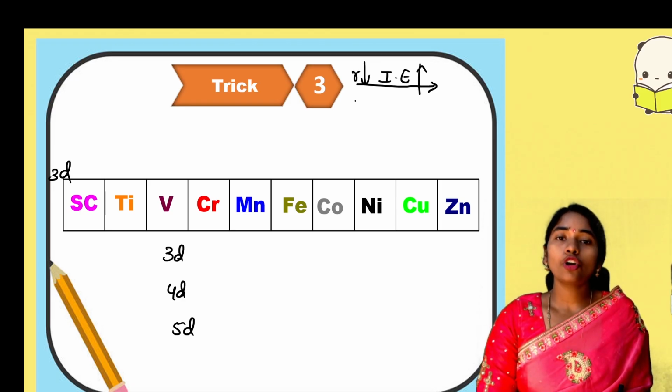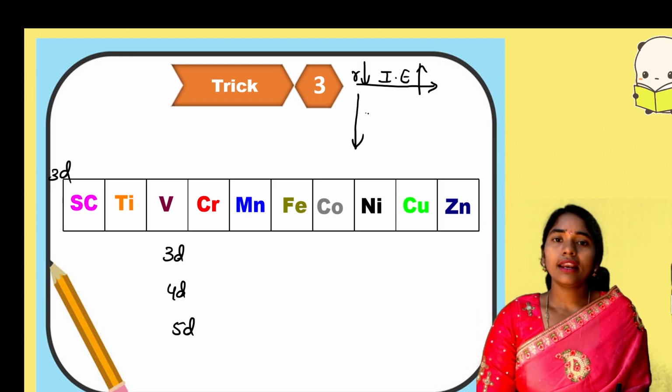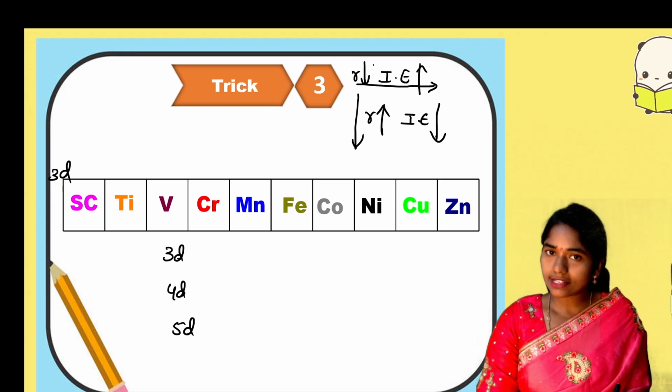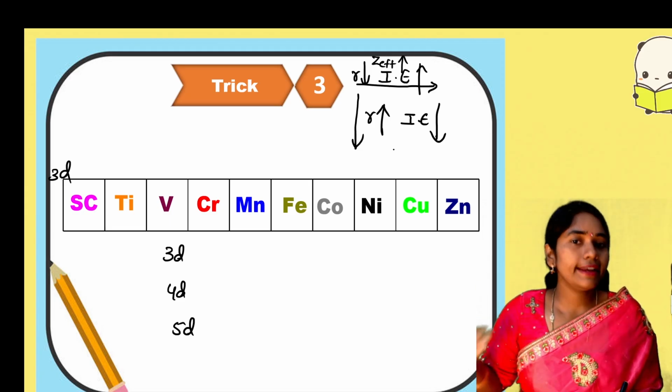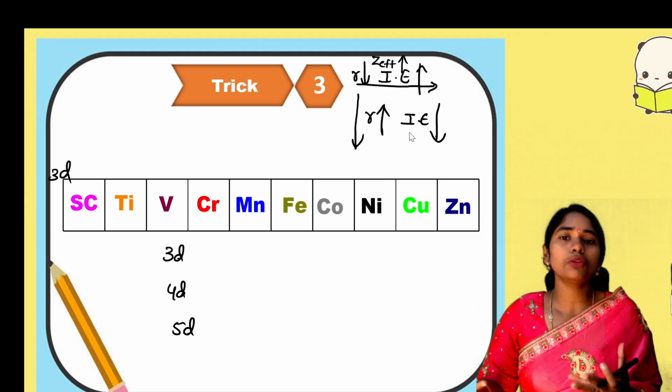Usual order. Top to bottom, generally radius increases, ionization energy decreases. Left to right radius decreases, effective nuclear charge increases, ionization energy increases. Top to bottom radius increases, so it is very easy to remove the electron.